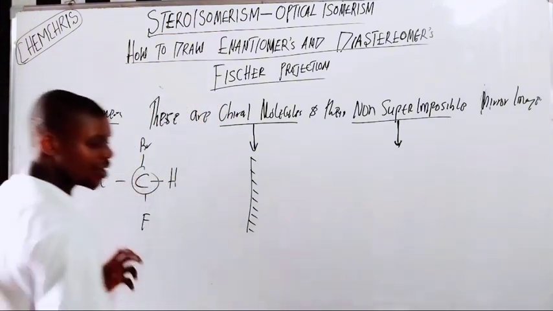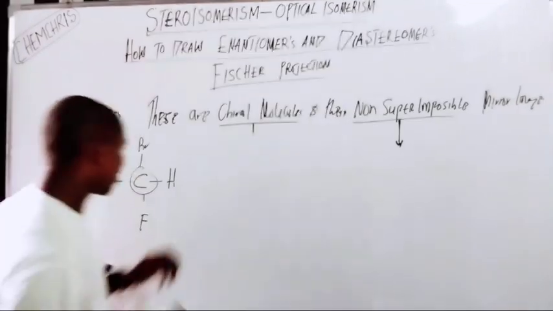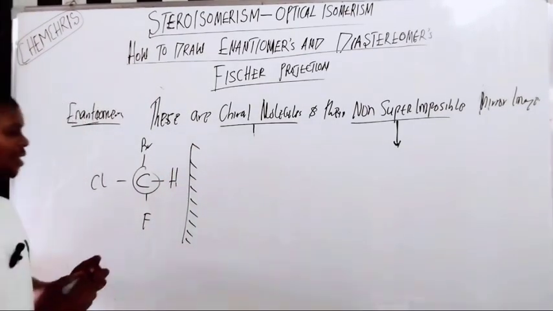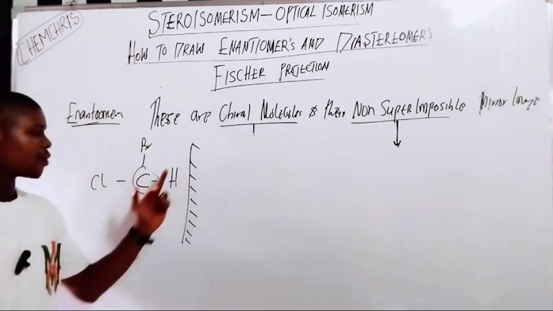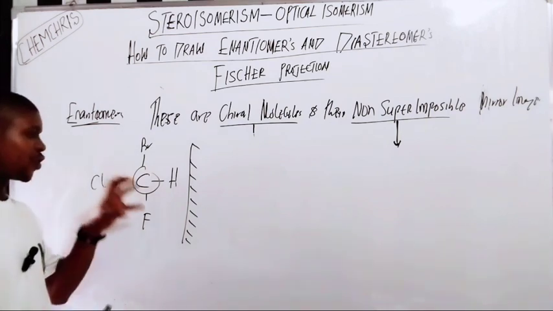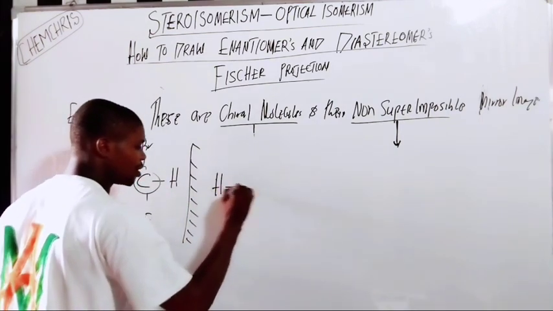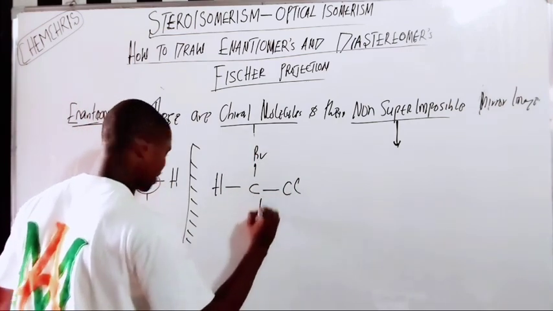So if you draw this one, it is a chiral molecule here, right? The reason why it's a chiral molecule is because it has a carbon that has 4 different groups. If you draw the mirror image of this, you see something like hydrogen, carbon, bromine, chlorine, and fluorine.